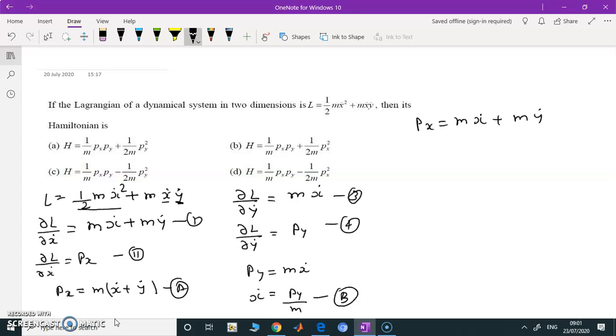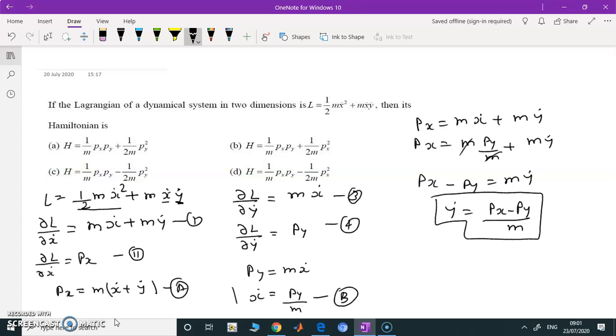If I put here x dot, px is equal to m times py by m plus m y dot. So these two will be cancelled. So px minus py is equal to m y dot. So y dot will be px minus py divided by m.